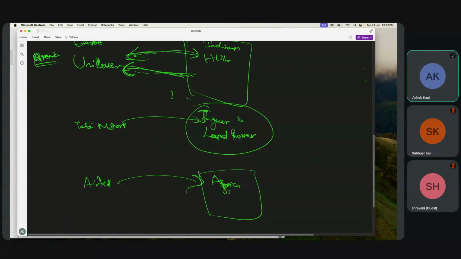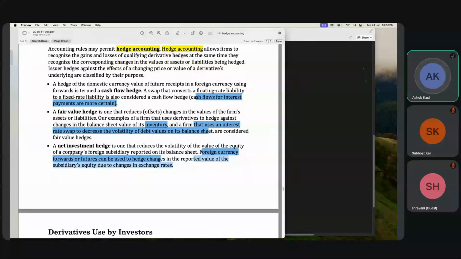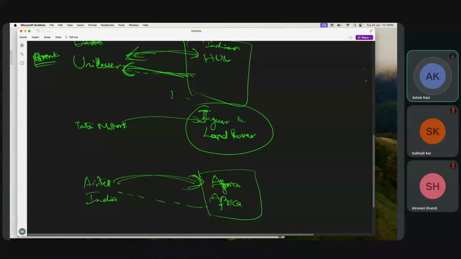So they are generating revenue from Africa. When they bring it to Airtel India, currency fluctuations can reduce the earnings. So when they hedge this, all will come under net investment hedge, because these are all the huge investments they have done in another country.